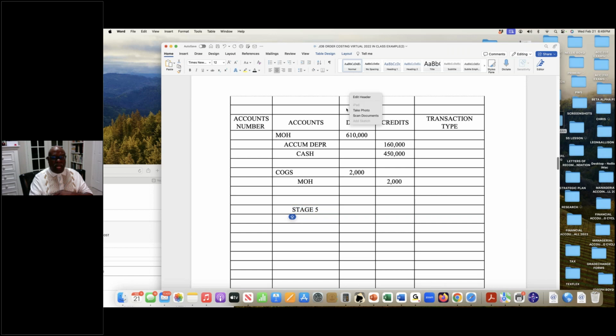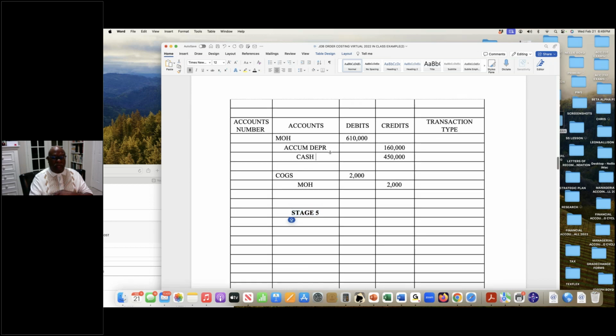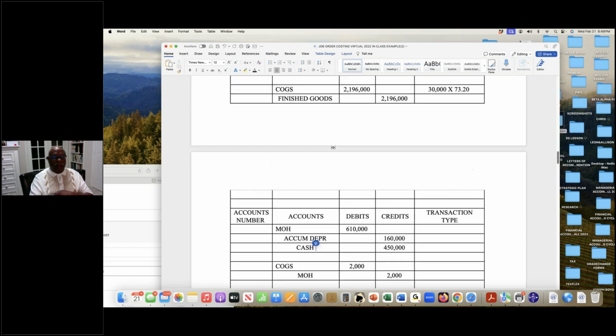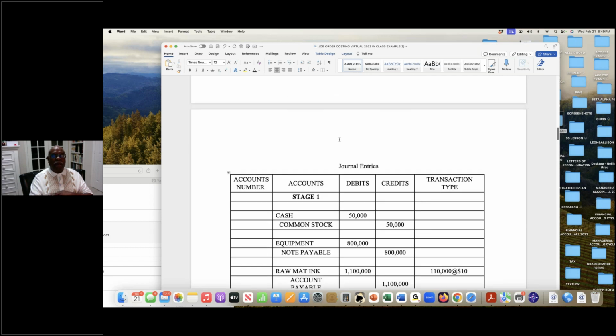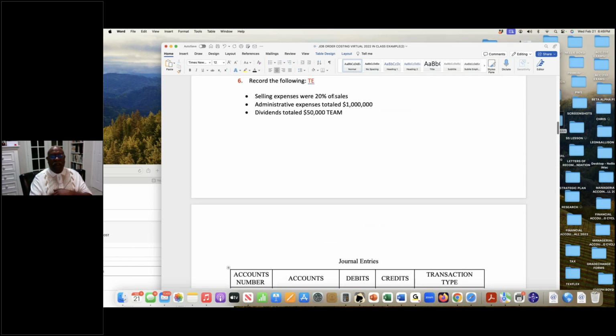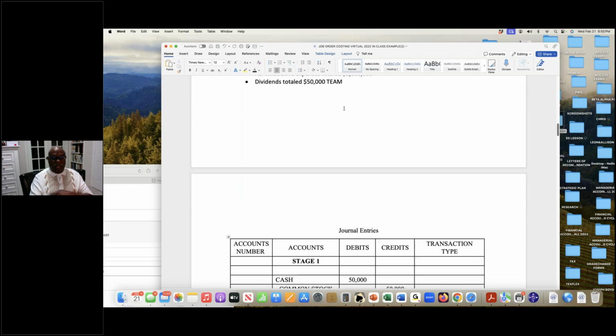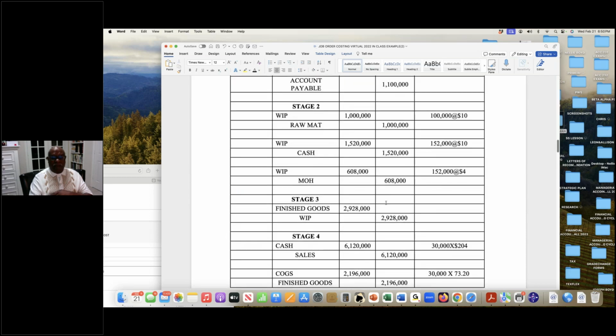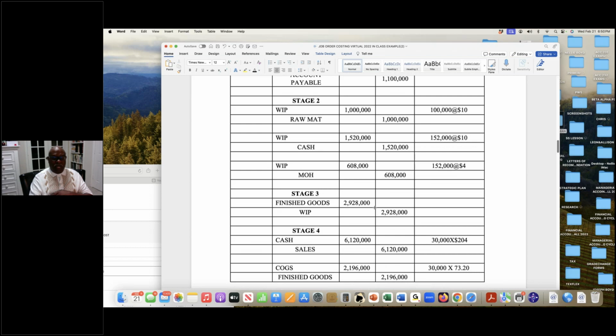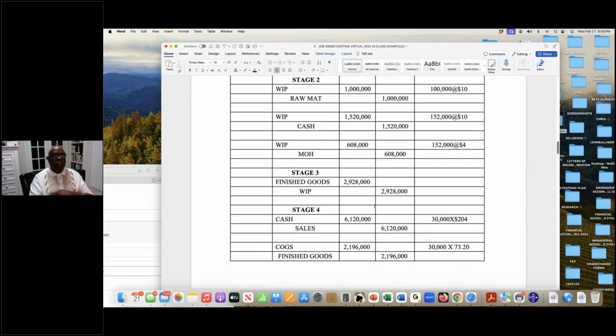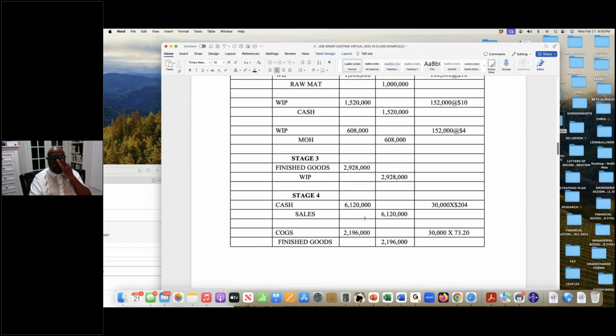It says that our selling expenses are 20% of the sales. So if our sales were 6,120,000, then our selling expense is going to be 20% of this number.